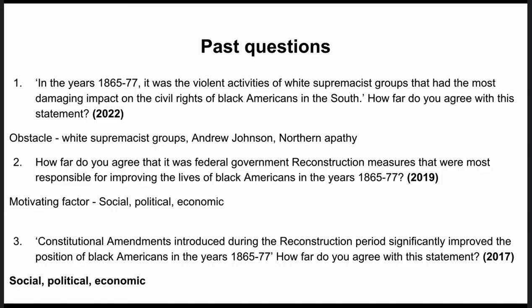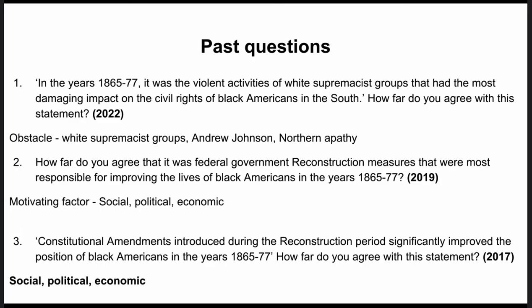You could talk about Black American agency, but I would suggest a better structure might be to do social, political, economic, and talk about the things that improved social rights, then political rights, and then economic rights. They would be your three paragraphs, always starting with federal government Reconstruction measures and then mentioning anything else that helped those areas.